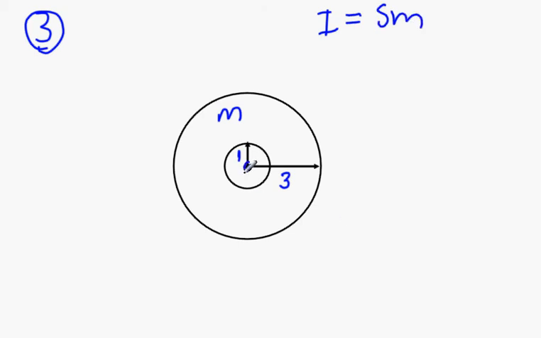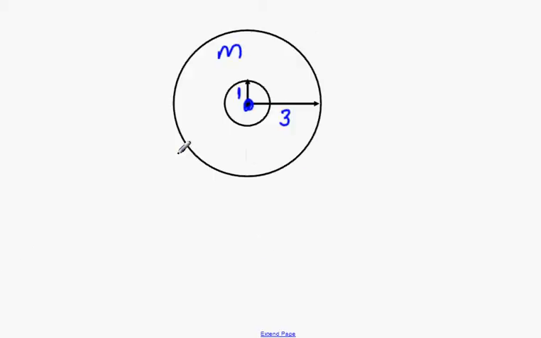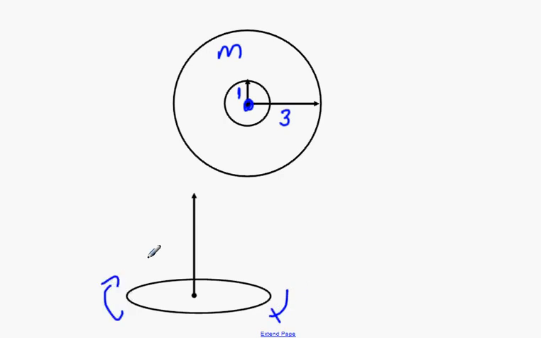If I was to draw a 3D version of this, this is the rotation we're looking at, and this is the axis. The keyword is: an axis through its centre, perpendicular to its plane. It's got to be perpendicular to the entire plane of the disc.